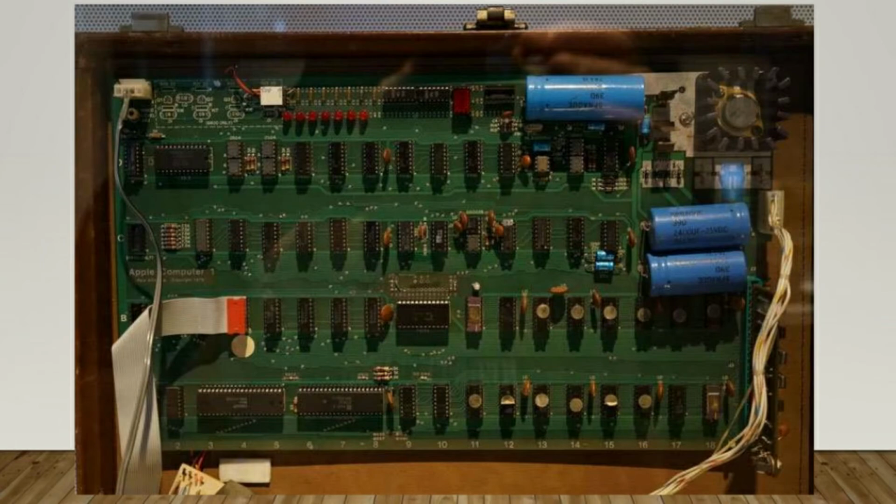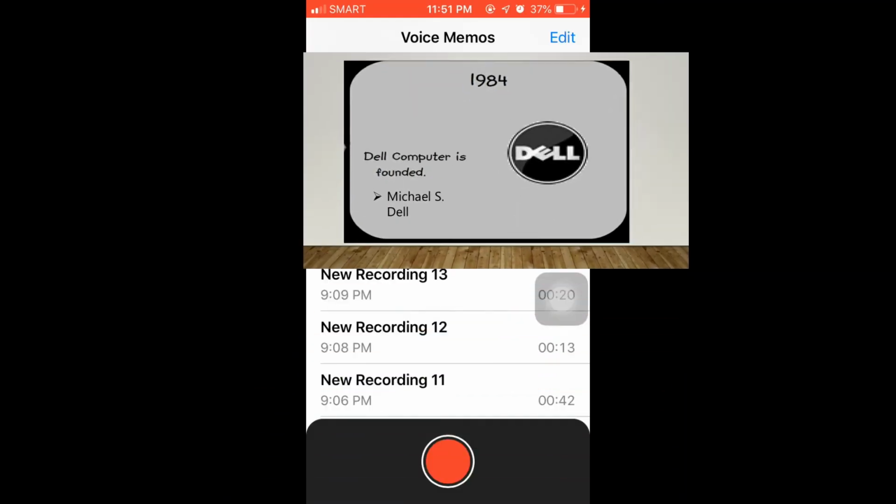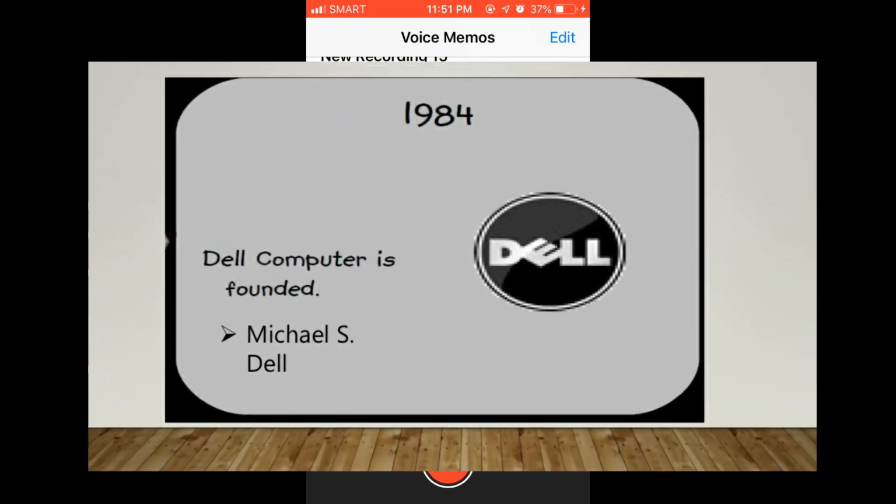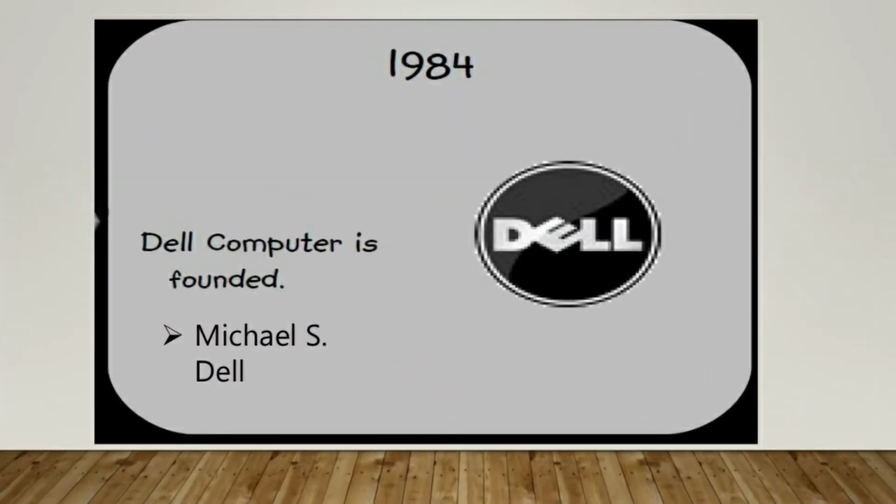In 1984, Dell Computer is founded by Michael S. Dell.